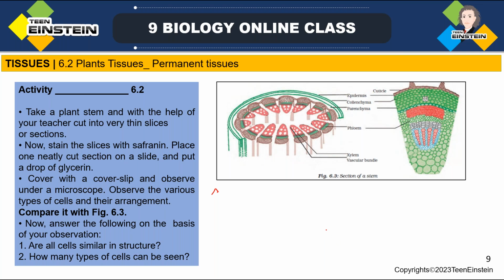So what is happening to the cells which are formed by the meristematic tissue? See, continuous cell division is taking place, right? So what is happening to the cells formed by this meristematic tissue?